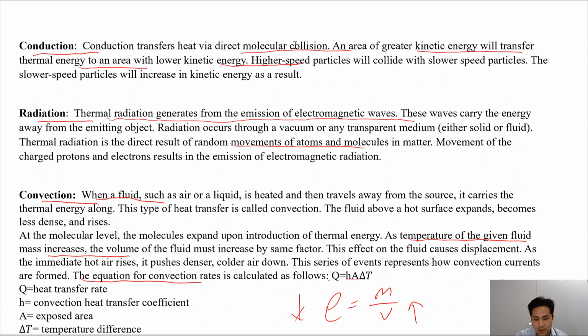The equation for convection rate is calculated as Q = hAΔT, where Q is the heat transfer rate in BTUs per hour, h is the convection heat transfer coefficient, A is the exposed area, and ΔT is the temperature difference.